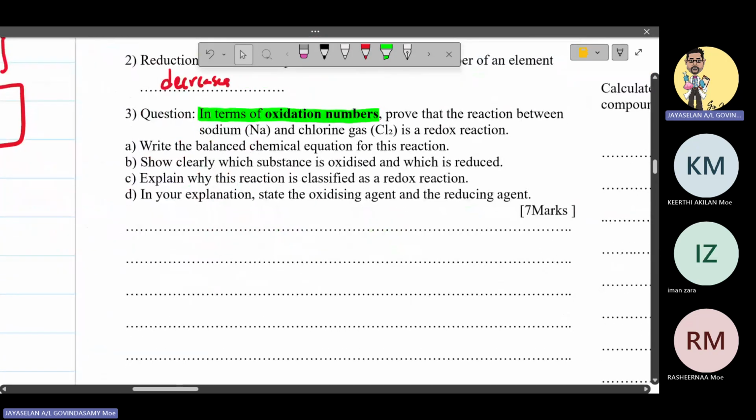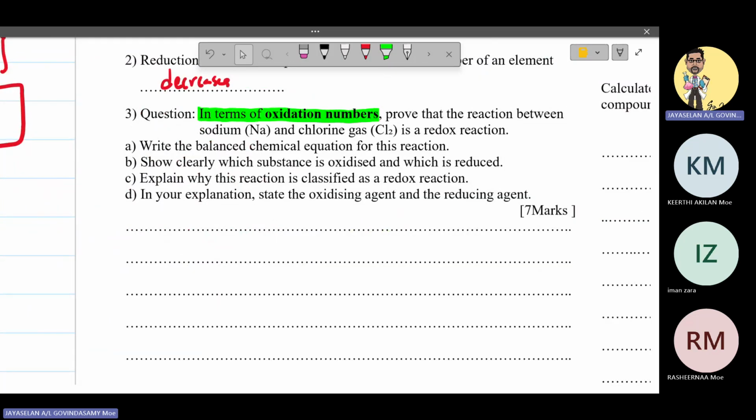So they already put: in terms of oxidation number, prove that the reaction between sodium and chlorine is a redox reaction. They want the balanced chemical equation, 2 marks. Show clearly which substance is oxidized and which substance is reduced; you must draw lines. This is 1 mark.